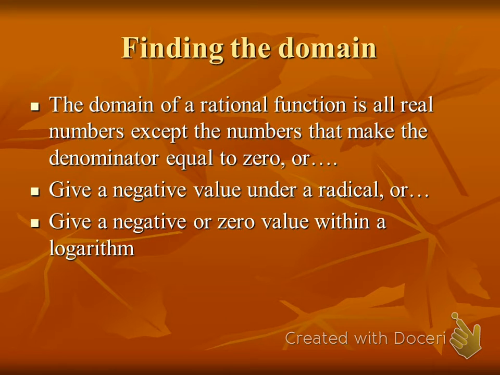If you're curious, you can write these things down. That's all the domain issues that you would deal with for calculus. Can't have a negative value under a radical, 0 in a denominator, or 0 or a negative number within a logarithm function. Okay? All right, so that's domain and range.